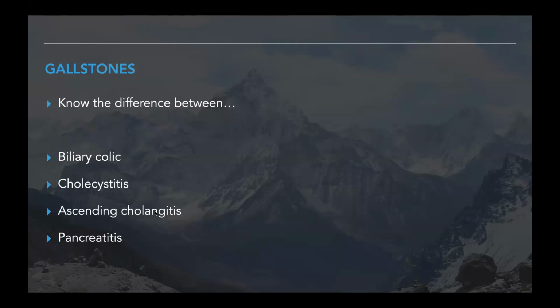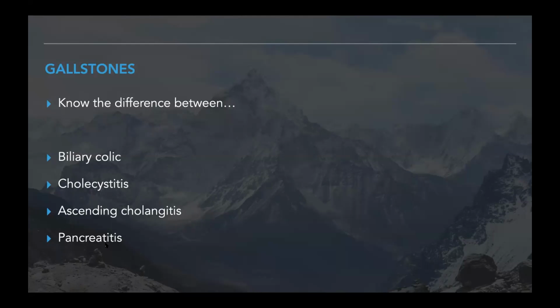Okay. Ascending cholangitis, on the other hand, refers more generally to infection of the biliary tree, usually the intrahepatic biliary tree. This is often caused by a gallstone that's migrated into the common bile duct and is obstructing the whole biliary system. This is a really nasty entity.